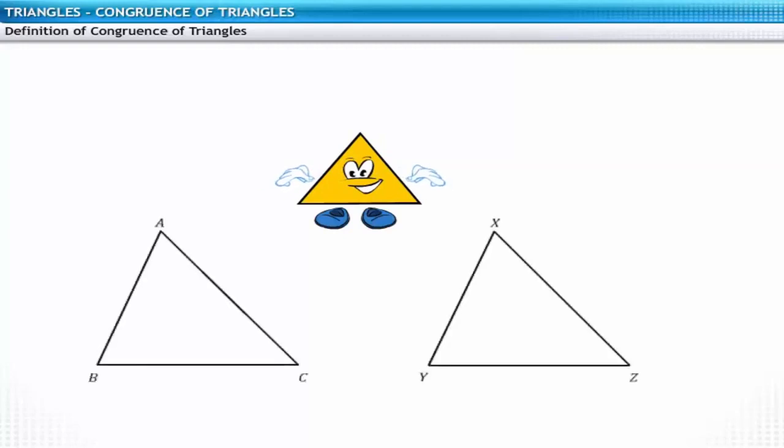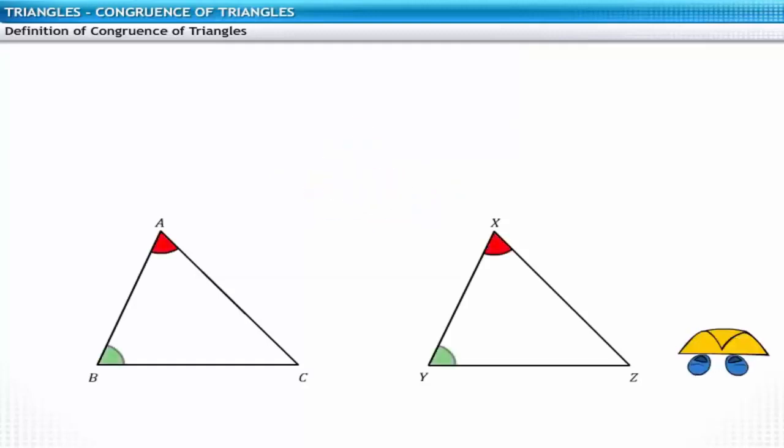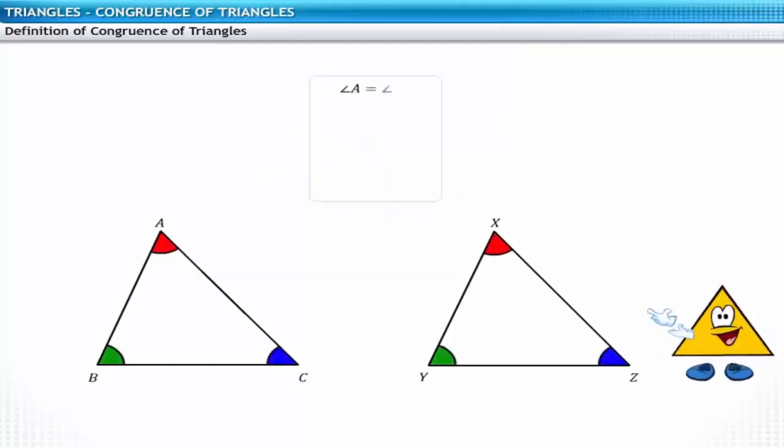Consider two triangles ABC and XYZ such that the corresponding angles are equal, and corresponding sides of both the triangles are equal.